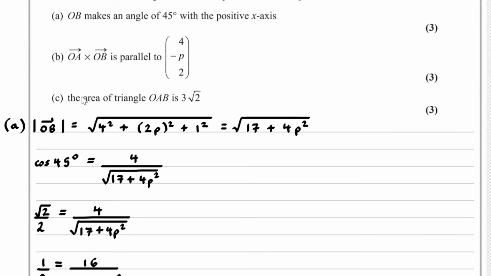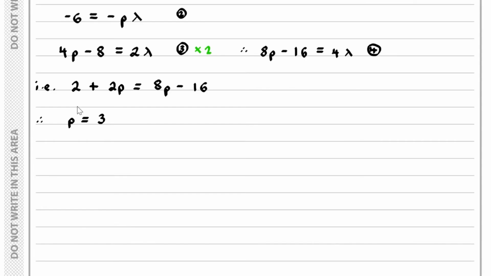For part C, we have to find the value of p for which the area of the triangle OAB is 3 root 2. So we've got 1/2 multiplied by the magnitude of OA cross OB equals 3 root 2.